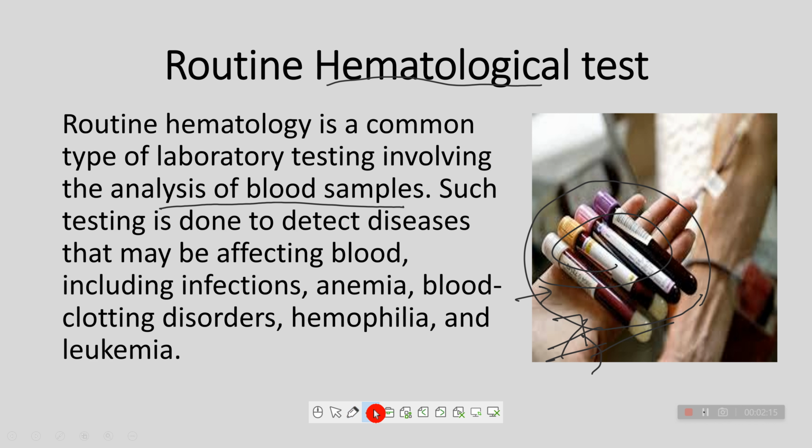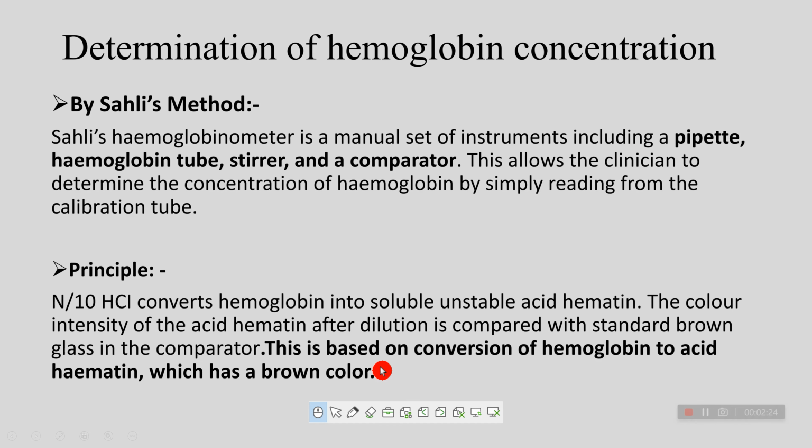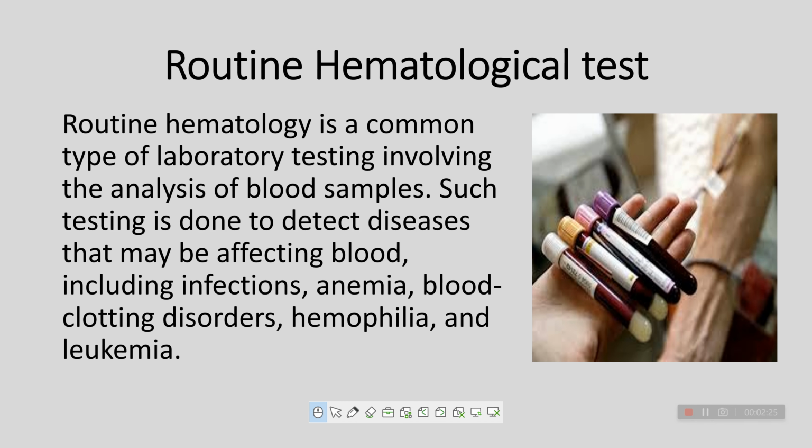Hematological tests are performed for detection of different abnormalities in the blood sample. Moving on, in today's video, we will focus on the different tests performed in the routine hematological test.